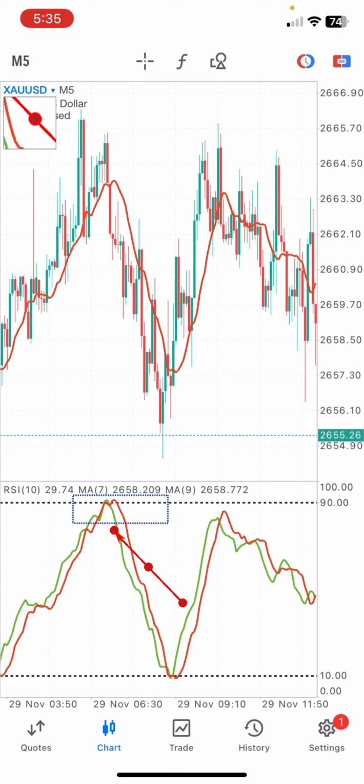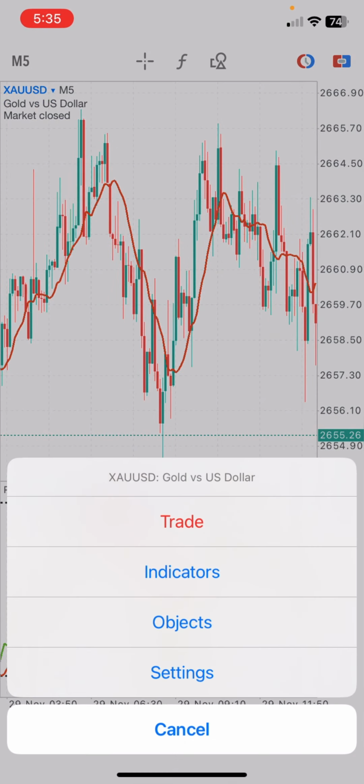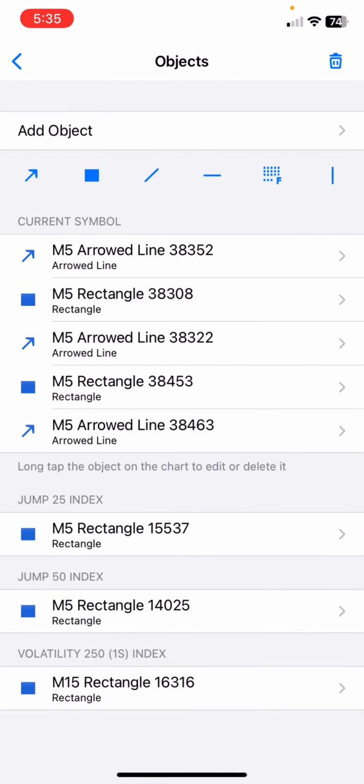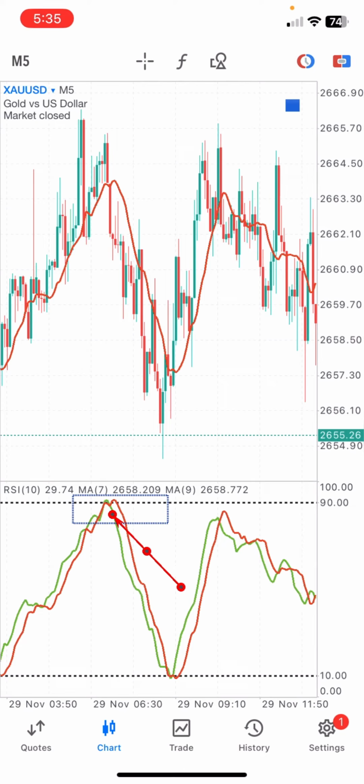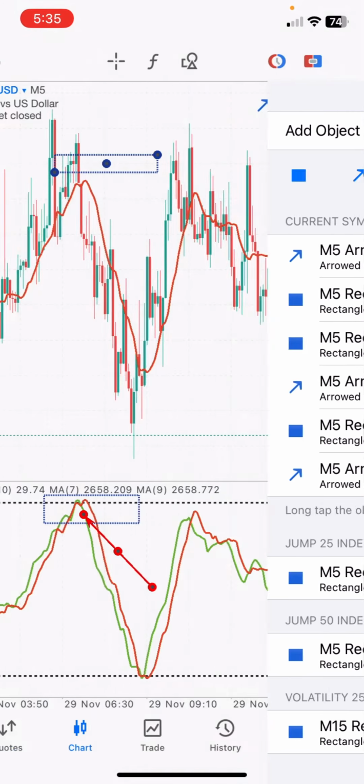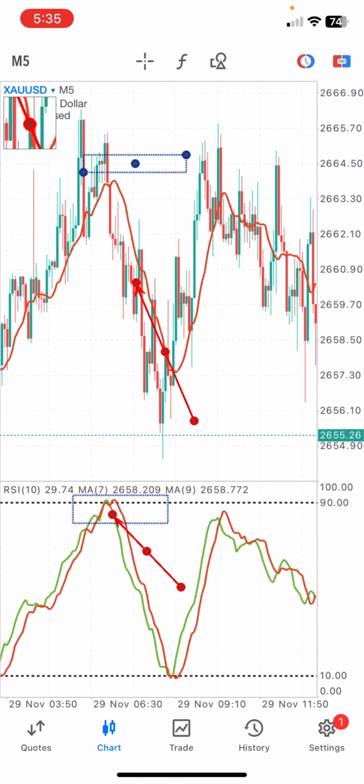Now when the cross happens, the next thing we are expecting is to look into our chart. Let me bring this out. We patiently wait for the price to come back and touch the moving average line.